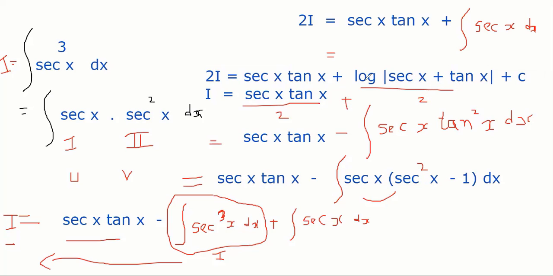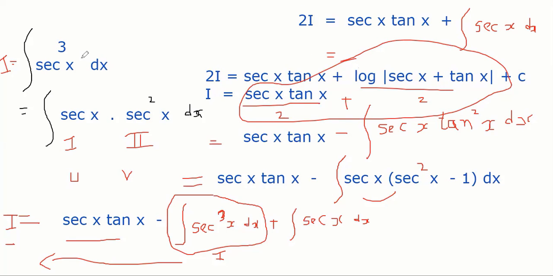That is my answer, right? It's only about putting, if I get exactly the same thing in the question in any of the steps, I replace it with the quantity itself, which is I.